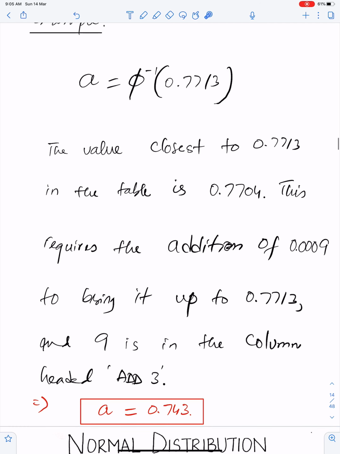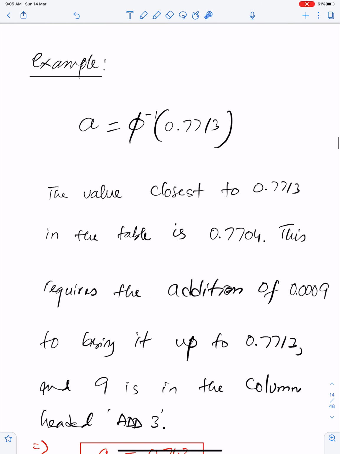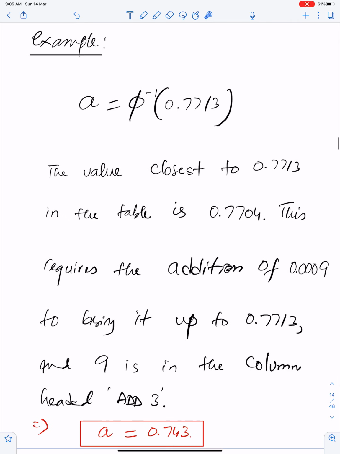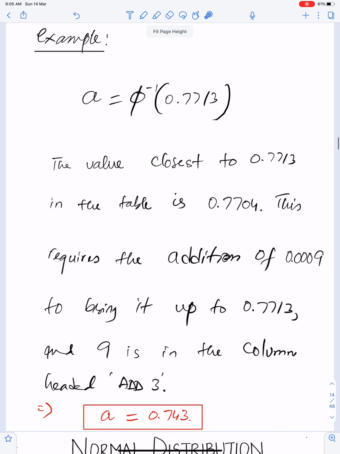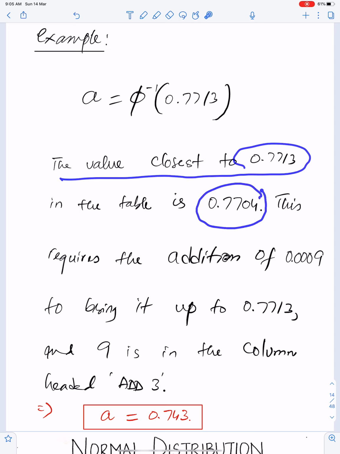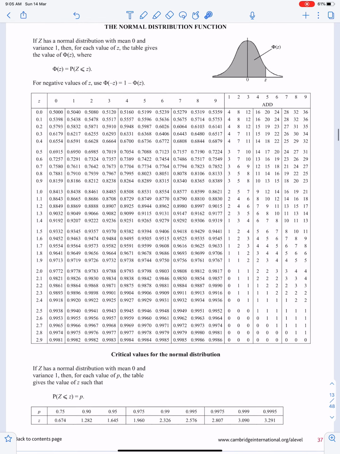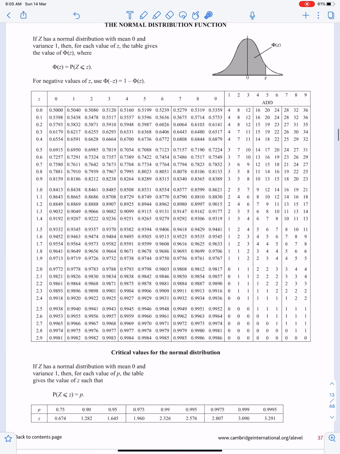Another example: phi inverse of 0.7713. The value closest to 0.7713 in the table is 0.7704.